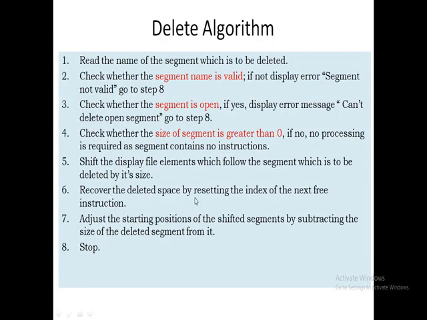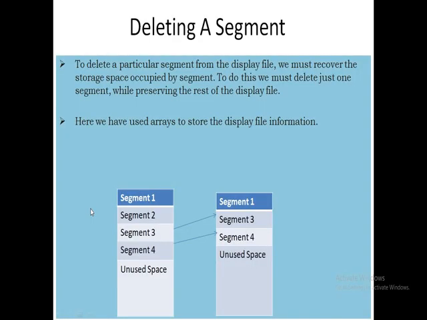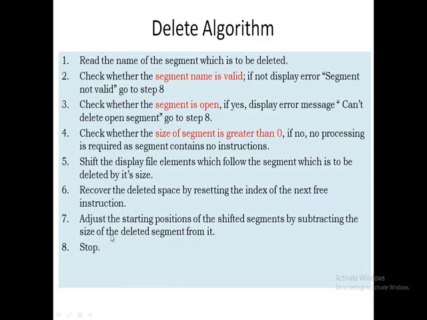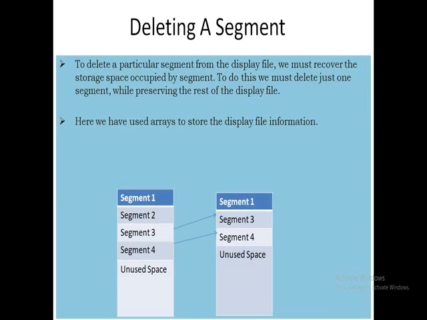Recover the deleted space by resetting the index of the next free instruction. So the starting position of each of these segments has to be changed by subtracting the size of the deleted segment from it. Just now I have explained, and then we stop. So this is the operation of deleting a segment.